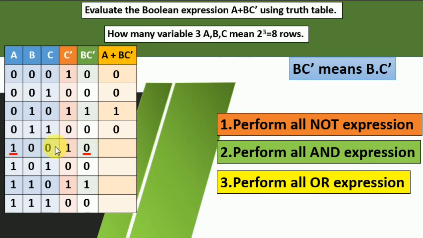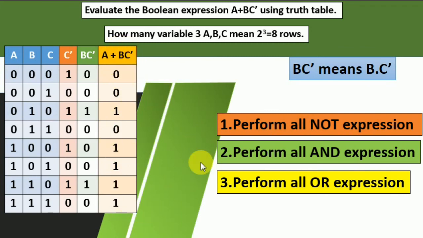In case of OR, if one value is true and the second is false, the result is always true, that is 1. Now 1 0 again 1, 1 1 1 is going to be 1, and 1 0 again 1. You got the result. This is our final result, meaning our truth table has been finished. Up to this you have to do it, and these are the values of A plus B C complement.